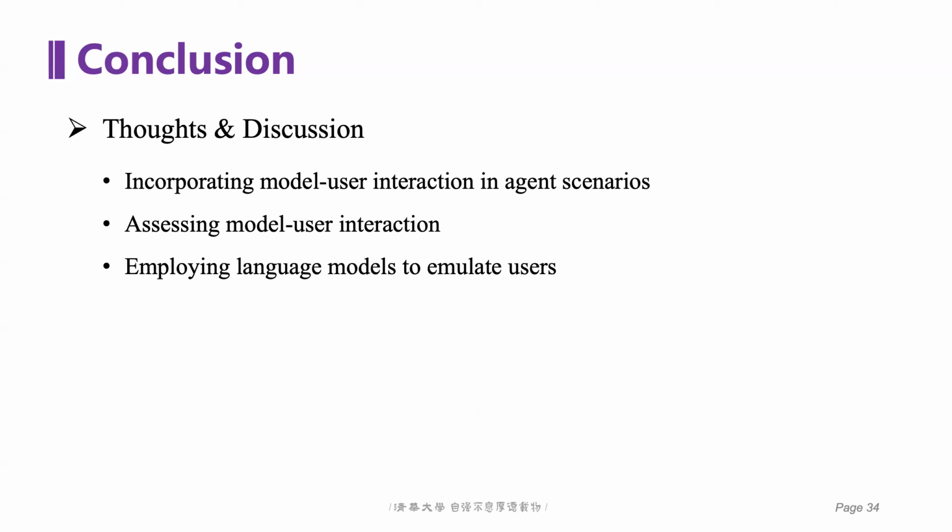And the final thing is employing language models to emulate a user. This is what we have done during our data creation part. When we are creating our data, we let the GPT model simulate the user. And we can see through our instructions, it can actually simulate diverse user tones. We validated that the GPT model currently has this kind of ability to simulate the user.